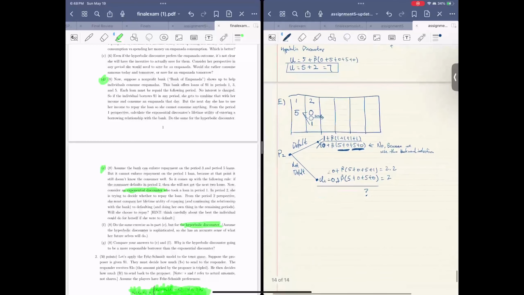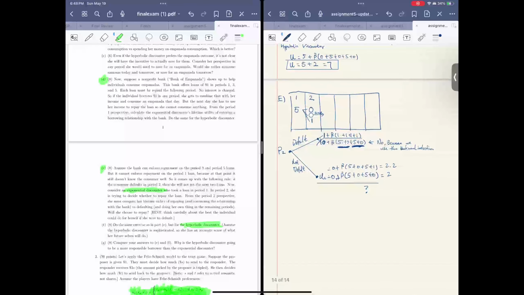So if you're an exponential discounter, you have to use backward induction to see if the default day is actually the last day or if the default day is actually the first day. Well, when I say first day, it's period 2. Right.